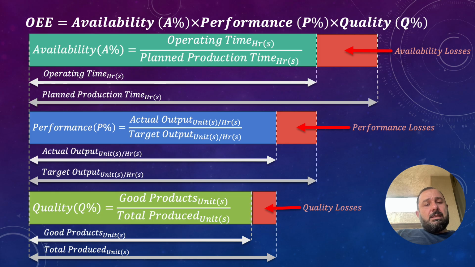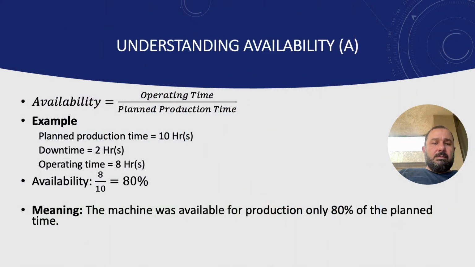So the quality now takes only the good products out of the total production made by the machine. So the factor of quality is good products over total produced.